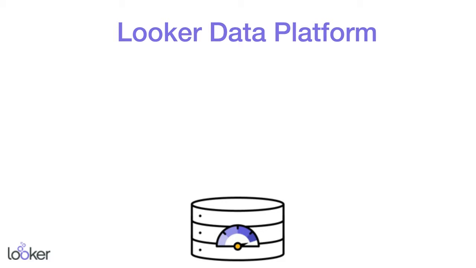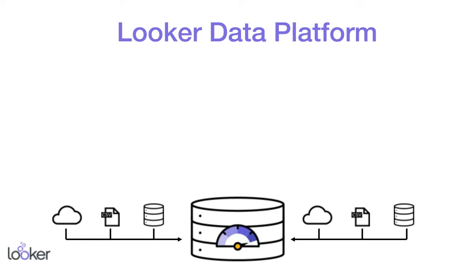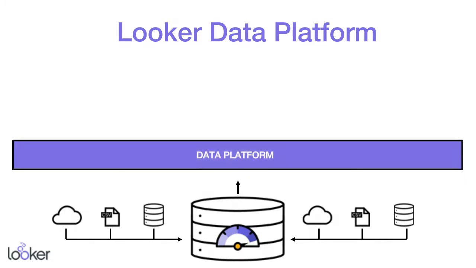You probably use this database to centralize disparate data in your organization coming from cloud services, ad hoc reports, and maybe also transactional databases. What Looker essentially is, is a data platform that sits on top of that database that makes it easy for analysts in your organization to model and govern access to that data in this centralized database so users can easily access that and build insights from that.